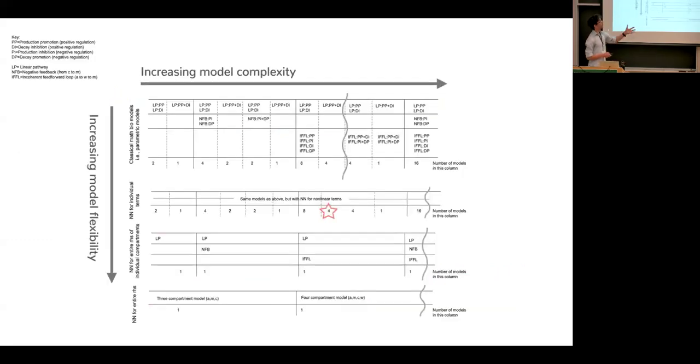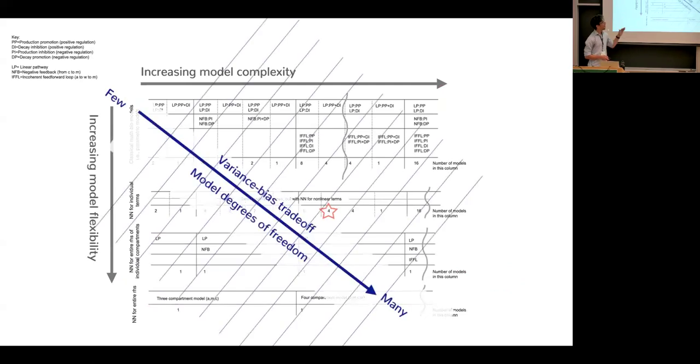On this two-dimensional chart, moving to the left is adding more arrows to the diagram, and moving down is just adding flexibility in the functions. We're adding more parameters either way, and so we're not defeating the variance-bias trade-off. We're adding parameters that allow us to fit the model better, but they have all the downsides, like overfitting, that any other method would have.